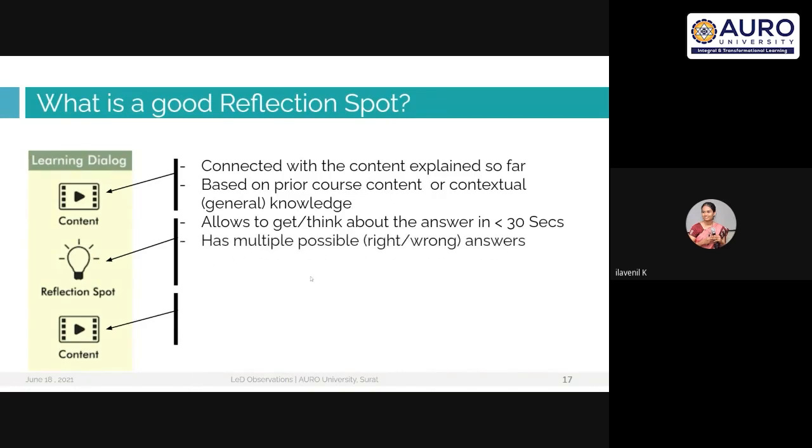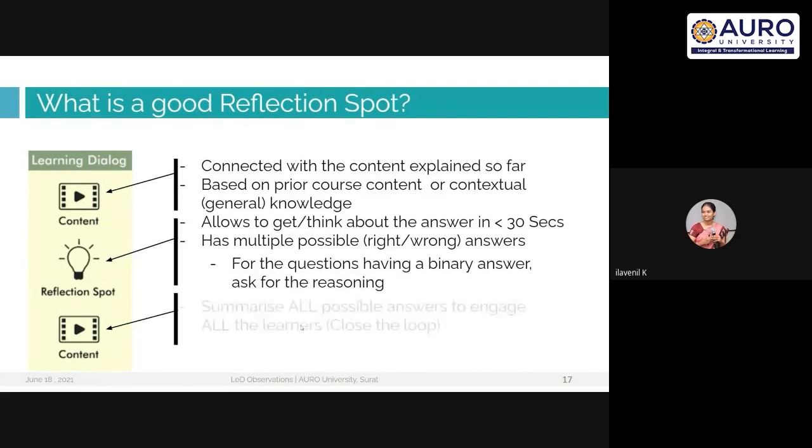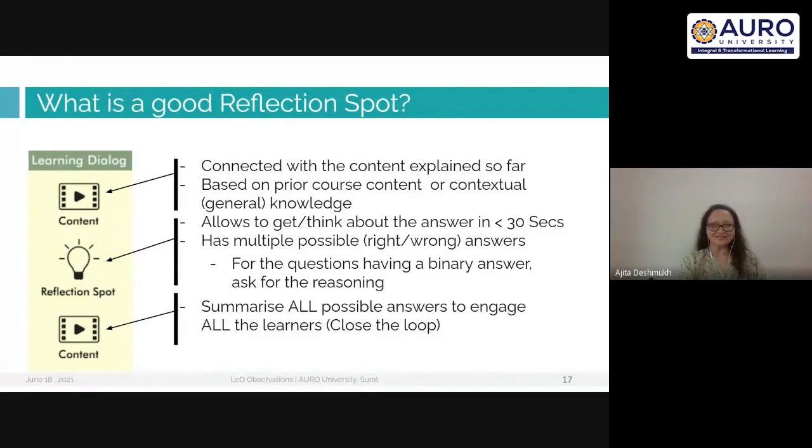Decide what you are going to talk about, what you want the learner to really think about, and make them look forward to the content which follows, because they need to know the answer. Even if they scrub through that video at 2x speed, they must at least listen to what the answer was, what the instructor had to say. This closing of the loop helps make this a dialogue and brings the learners into the content of the video.